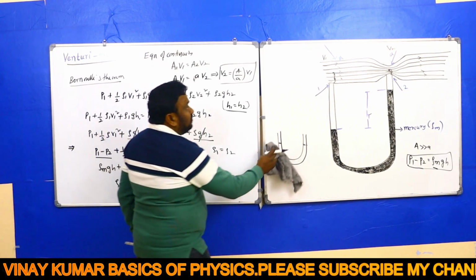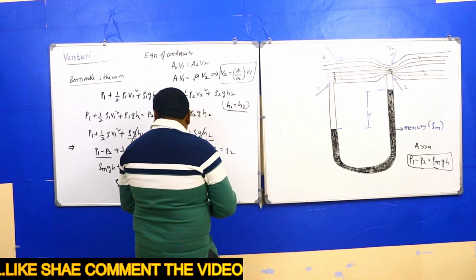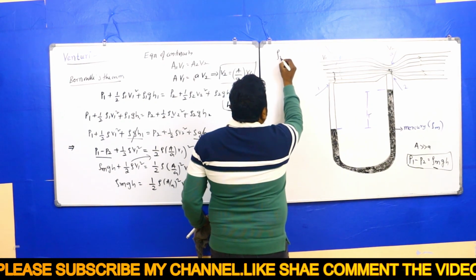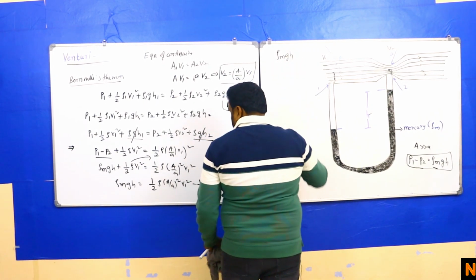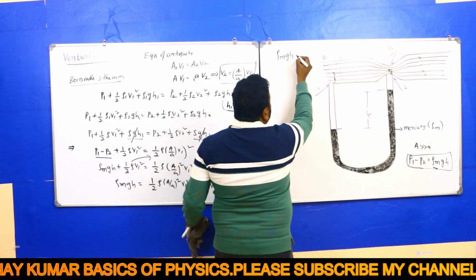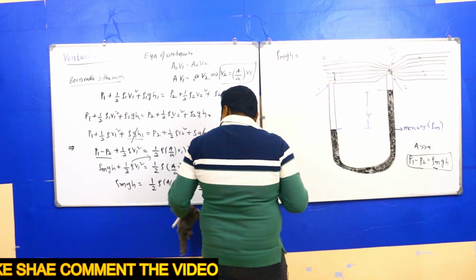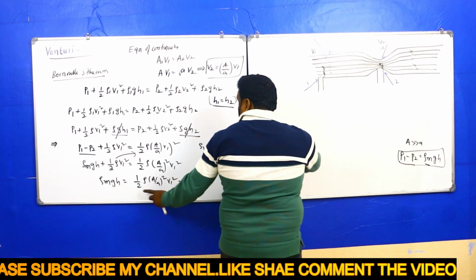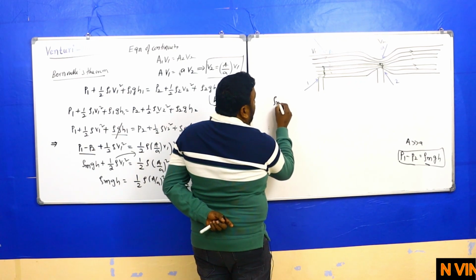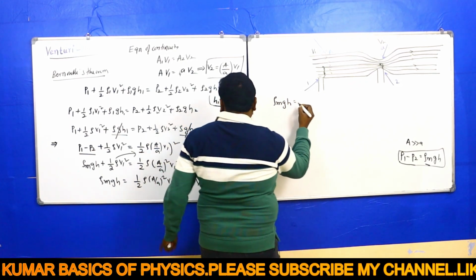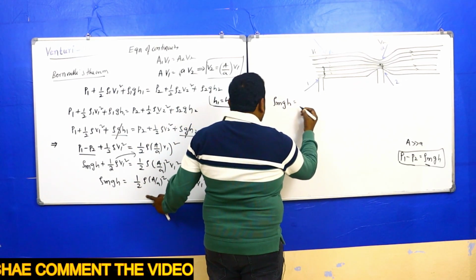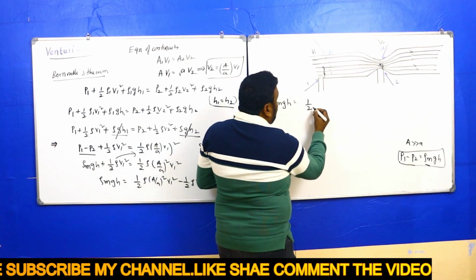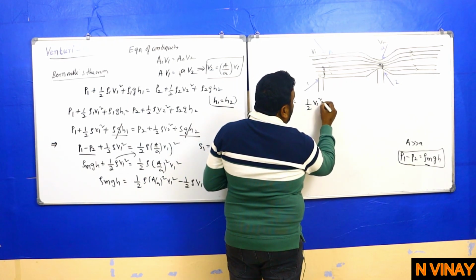That's why I am going to write like this: rho m g h is equal to, V1² is common, so (1/2) rho V1² is common.